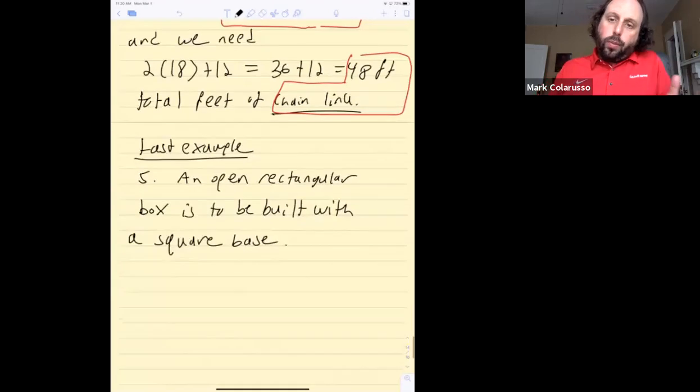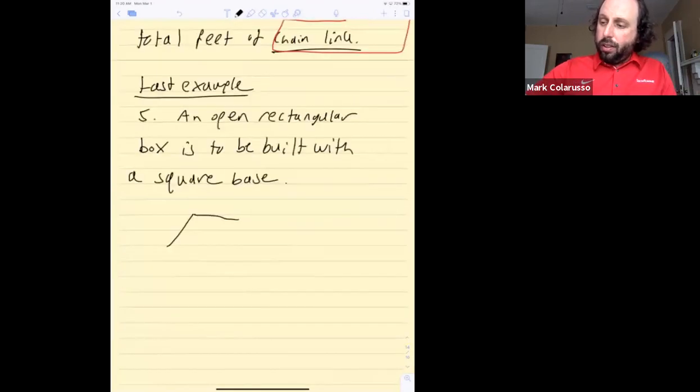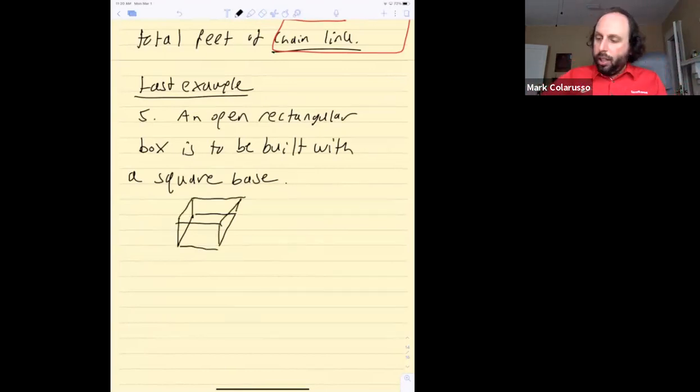Now this one is nice enough that they actually give you the picture. And I'll try to reproduce it here. Okay, so that's not bad for me. So the base is square. So the sides of the base will be x, okay, the length of the base here.